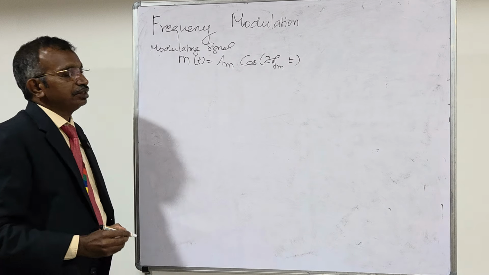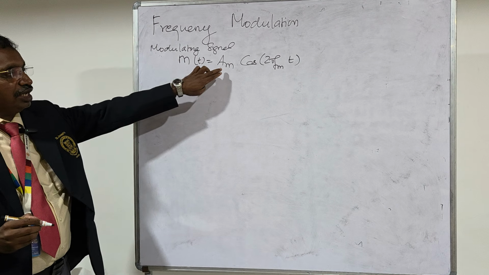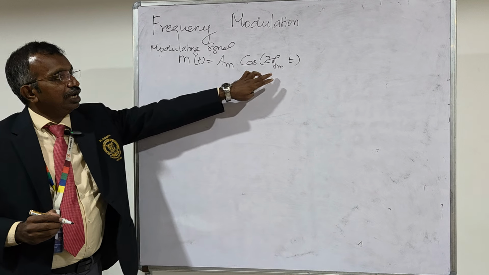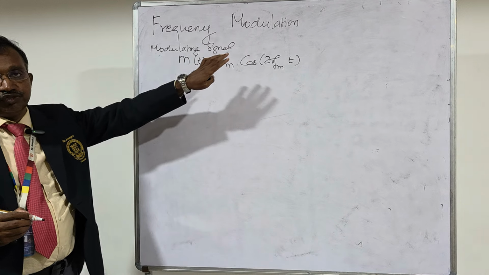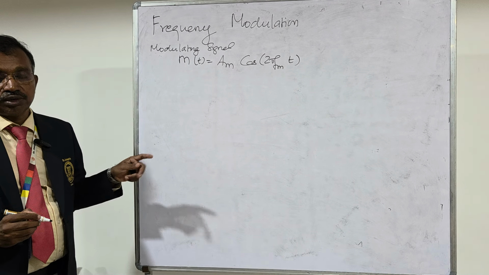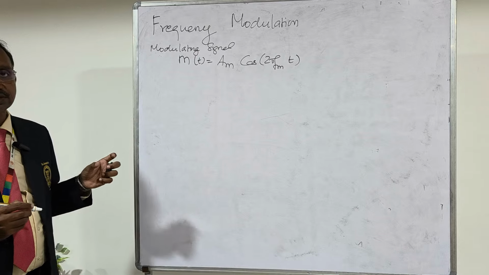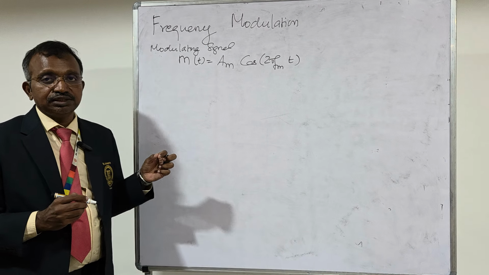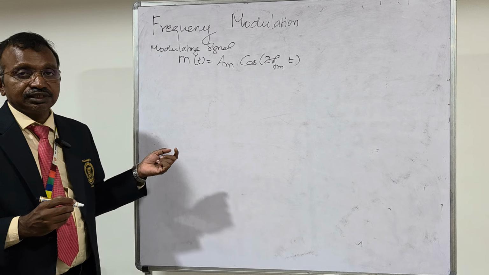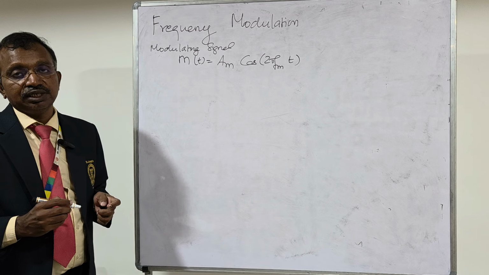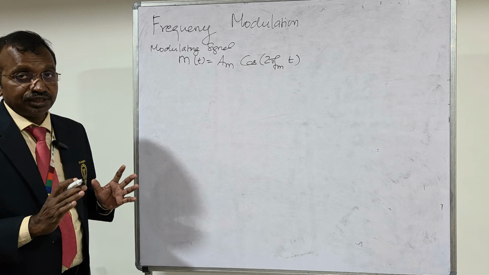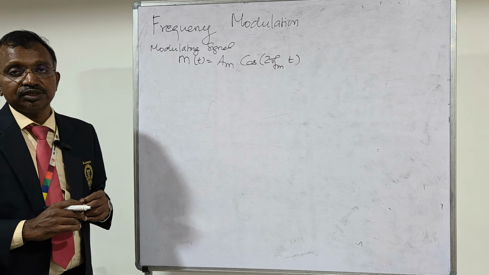This is a message signal, and Am is the peak amplitude of the message signal, and fm is the modulating frequency. Now this m of t consists of only one frequency, therefore it is called single tone modulation. Suppose the signal consists of multiple frequencies, it is called multi-tone modulation. I am going to restrict myself only to single tone modulation.